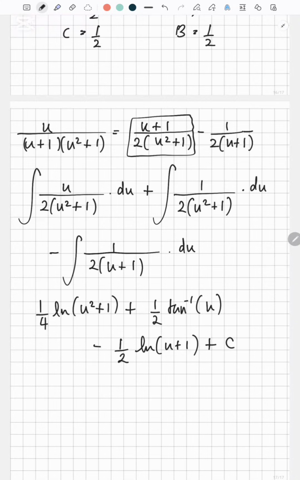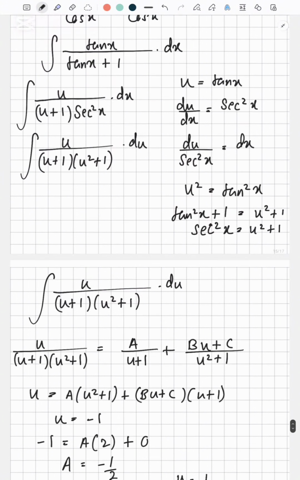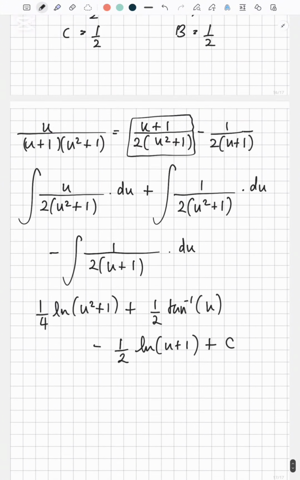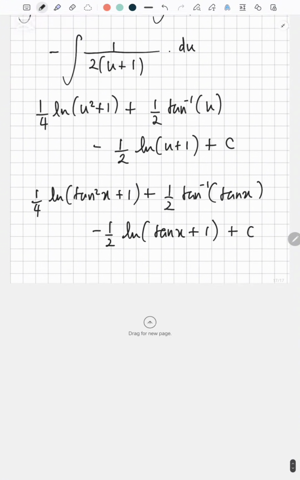Now we know we found the integration. All you have to do is just sub in u terms. So u is tan x, right? So 1 over 4 ln of tan squared x plus 1, plus half tan inverse tan x, minus half ln of tan x plus 1, plus c.